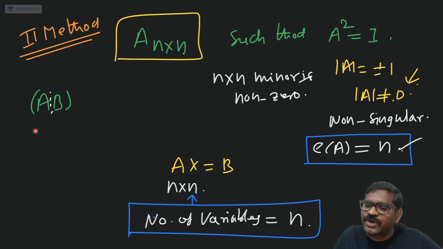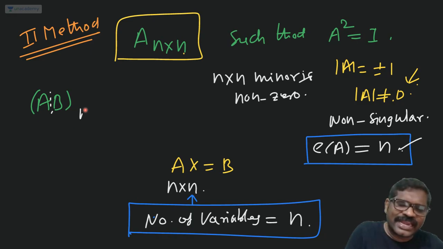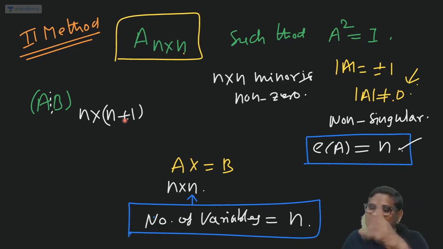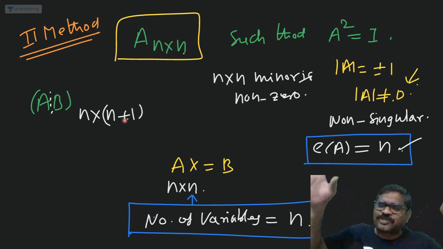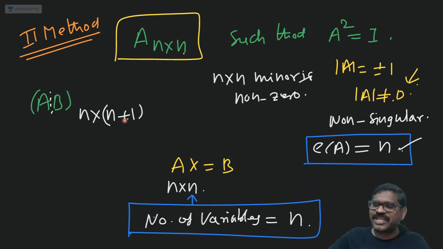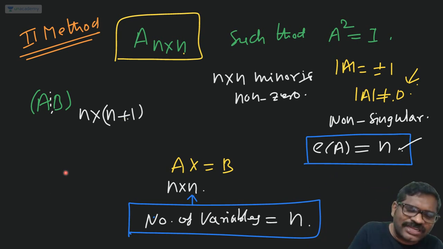I am talking about n cross n plus 1. Very good, n cross n plus 1, one column extra. Now, my point is, if you verify the maximum possible minor of AB, what is the maximum possible minor of AB?